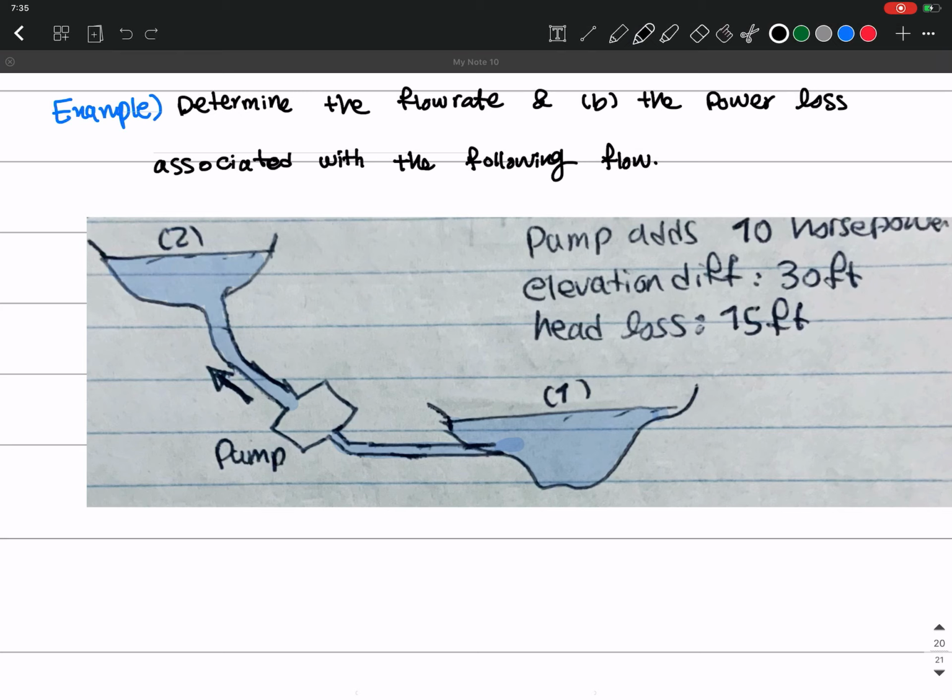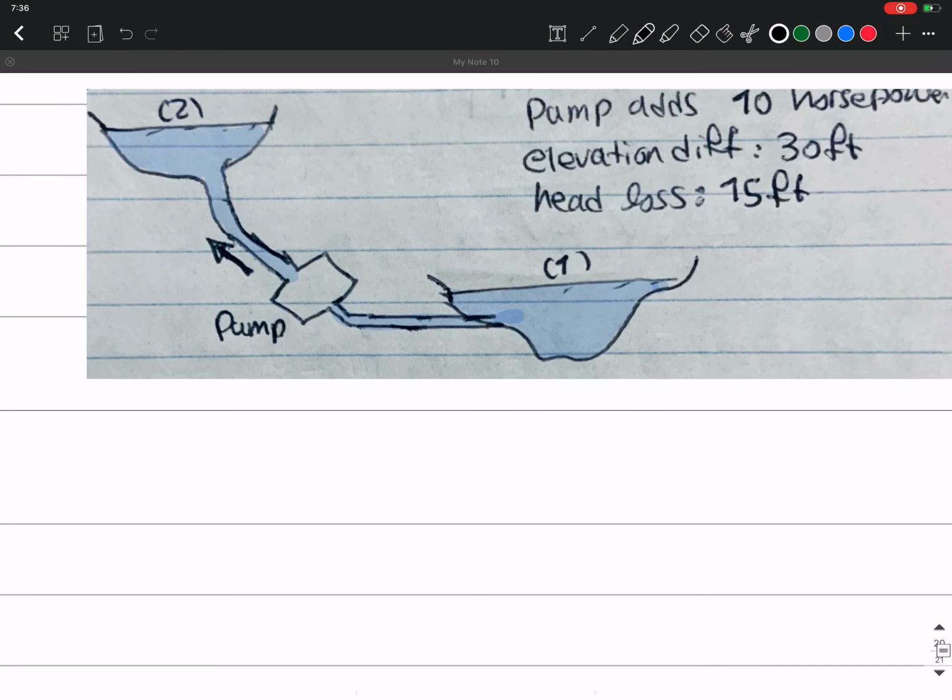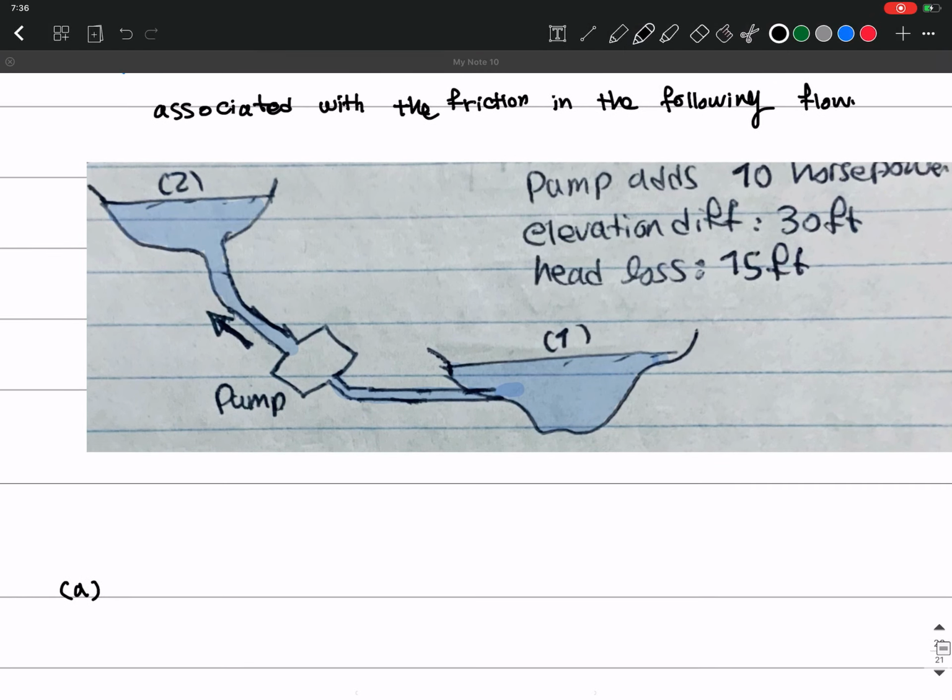So power loss with the friction in the following flow. Okay, so let me get started. A is we want to find the flow rate, or Q. So we start with the energy equation.